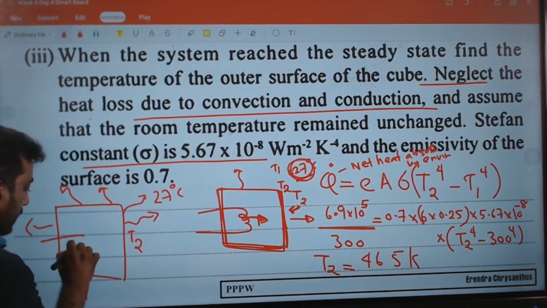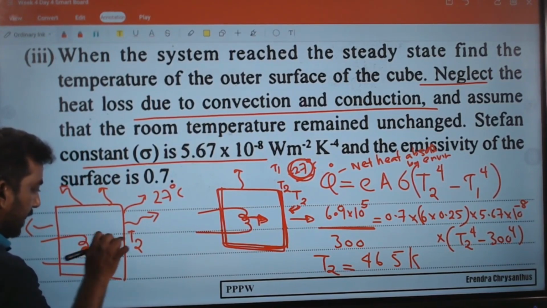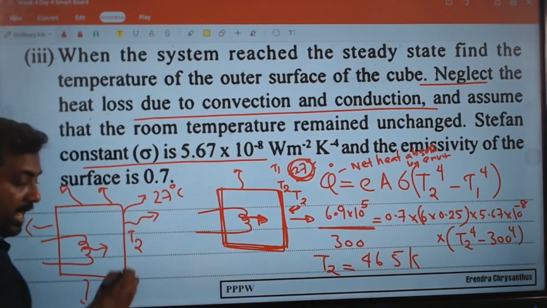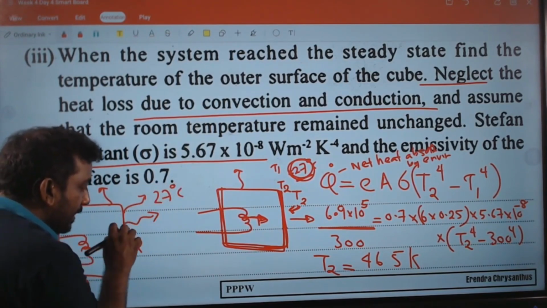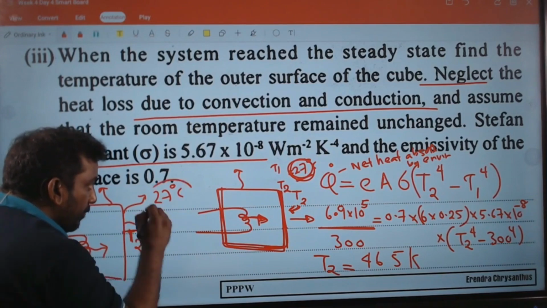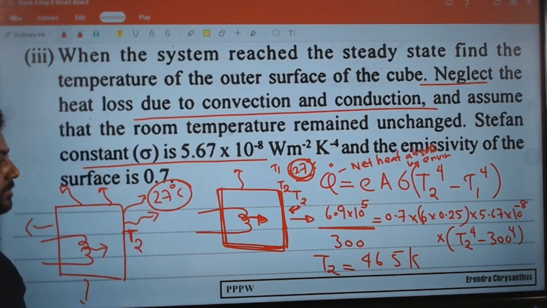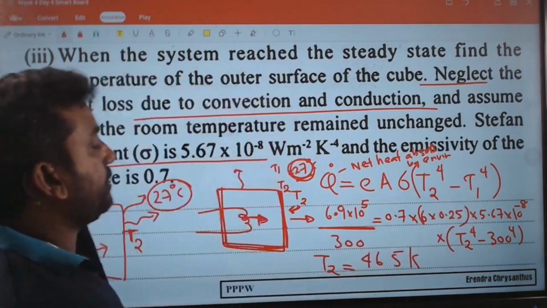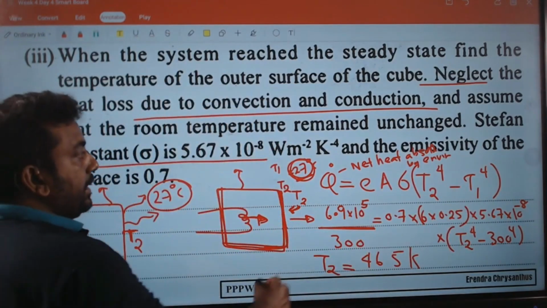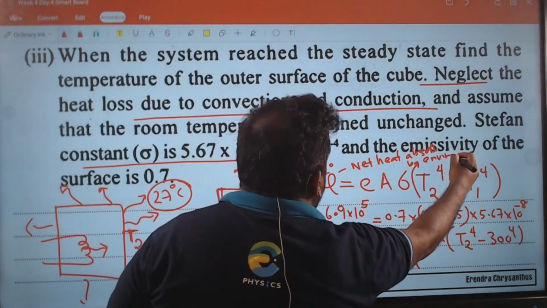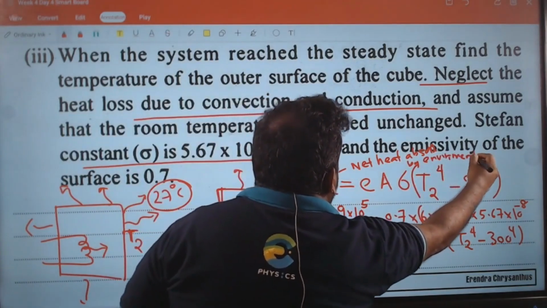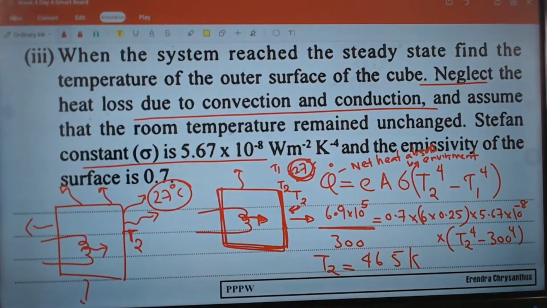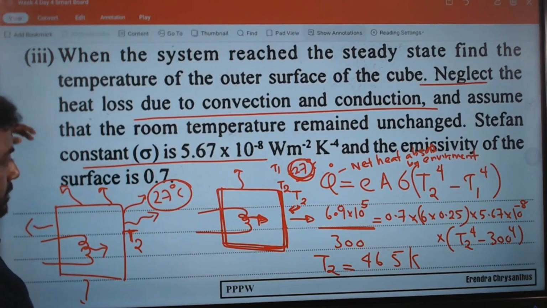So whatever is produced here is lost, and that is how much is absorbed by the environment. The difference in the fourth power of the absolute temperature is the net heat absorbed by the environment. 465 Kelvin. Clear? Right? Okay.